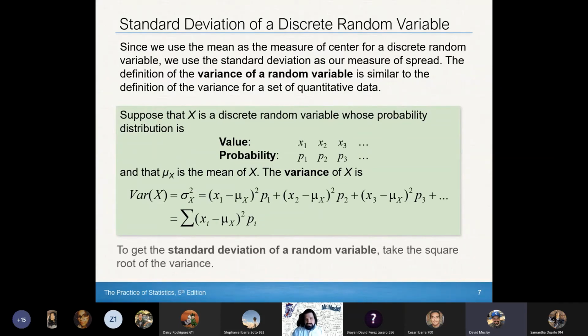Right, we need the variance, because to get the standard deviation of a random variable, you need to take the square root of the variance. So once you calculate the variance, you just throw that under a square root and hit enter, and you have your standard deviation. Or you can put all of this under a square root and hit enter and get it in one shot. That's up to you. Right. So again, standard deviation is the square root of the variance.